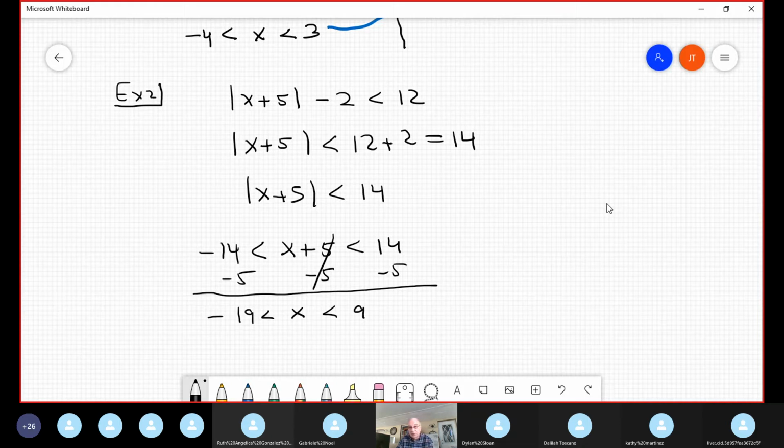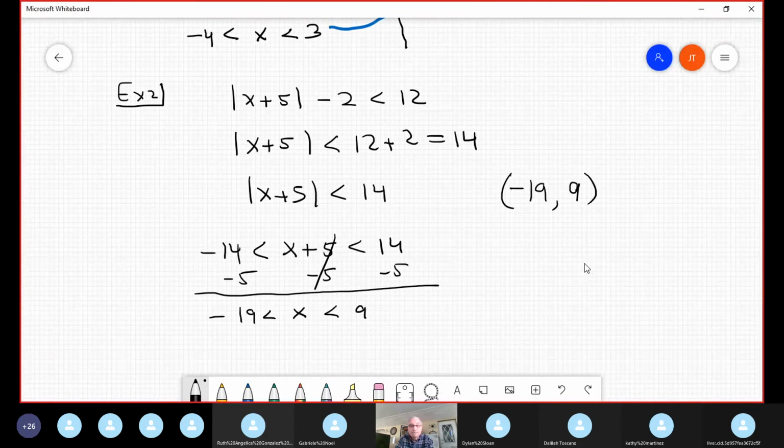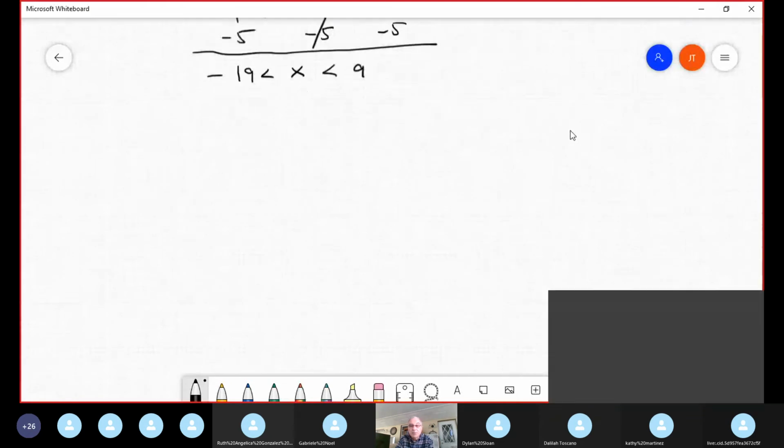Not necessary to do the line because the solution is one piece. It's from negative 19 to positive 9. Of course, do not include the endpoint because I don't see any equal sign. Clear, guys? Okay, let's move on to example 3.